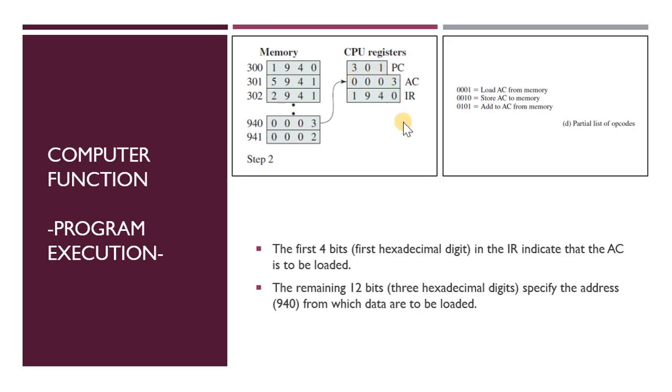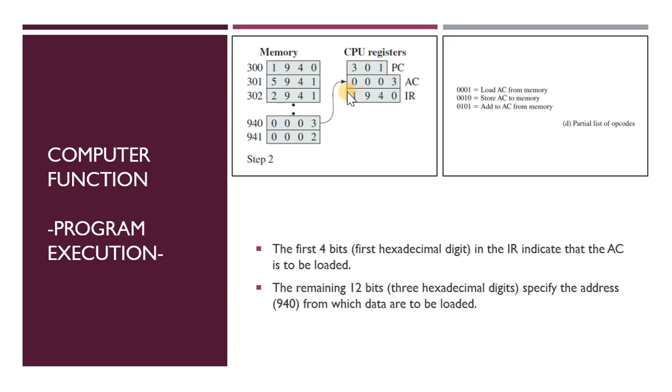Now inside the instruction register, IR, it contains value 1940, and this is the instruction format. Remember, the instruction format consists of the opcode and the address. So 1 is the opcode, and 940 is the address.